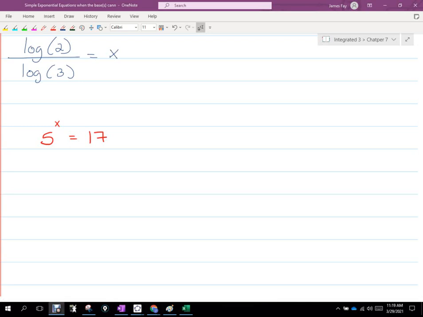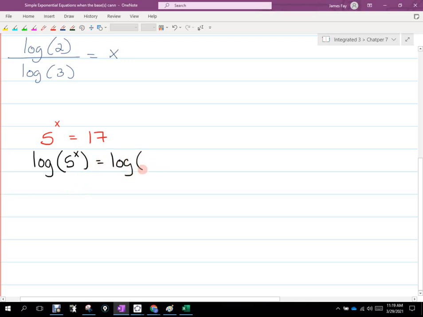All right, so what do you do first here? Okay, so you're going to take the log of the left side, so it's going to be log of 5 to the x, and you take log of the right-hand side, so log 17, right? Now, if I have log of a to the x, we can rewrite that.